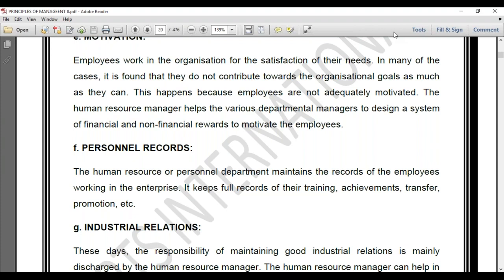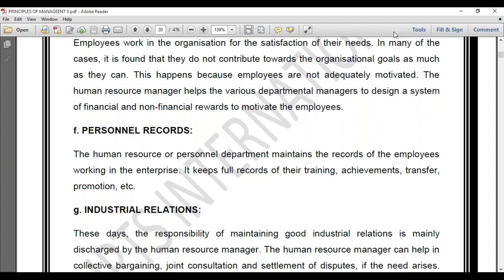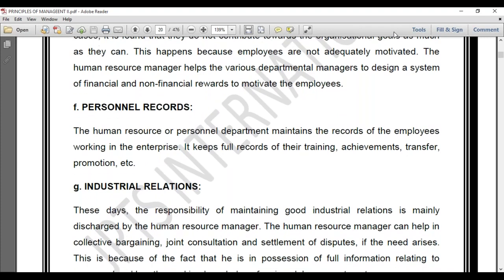All the number of times they have taken annual leave, sick leave, training, promotions, welfare packages, achievements, transfers. All this information is kept in the database of a personnel manager or a human resource manager. So personnel records are the employees' records that are under the possession of a human resource personnel.